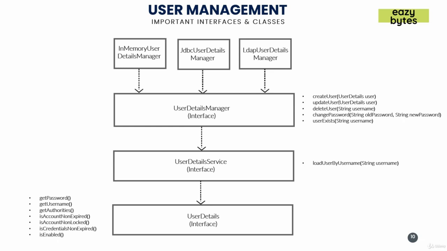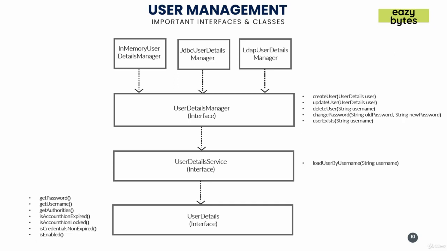Whatever user that we are going to create, with a schema specific to our framework, we have to make sure we implement this user details interface. This interface has all the methods revolving around security: I want the username, I want the password, authorities, and I want to know whether the account is expired or locked, credentials expired, or whether the account is enabled or not.